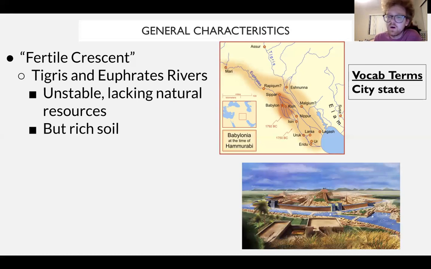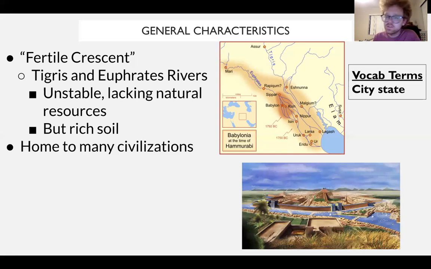But regardless of all of these detractions, the Tigris and Euphrates are dependable in one aspect, that they have extremely fertile soil that is able to produce the food needed to sustain populations. And as a result, a lot of civilizations will emerge in this generally defined area as Mesopotamia.